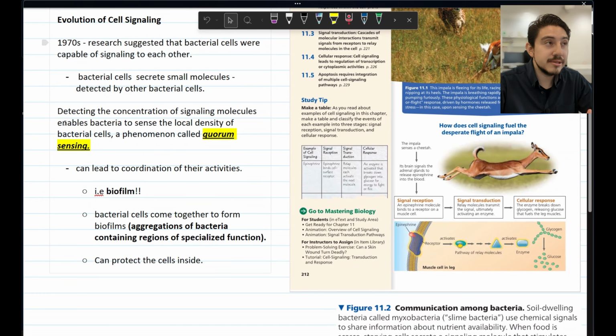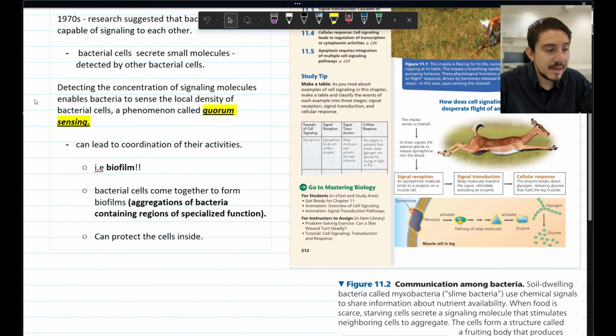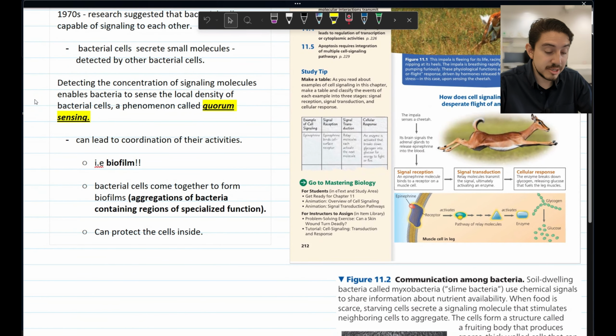Bacteria can secrete small molecules into the environment, and these molecules can be detected by neighboring bacterial cells. That whole idea of perceiving a signal from one bacterium to another, to a population of bacteria, let's say inside a culture dish, is called quorum sensing.